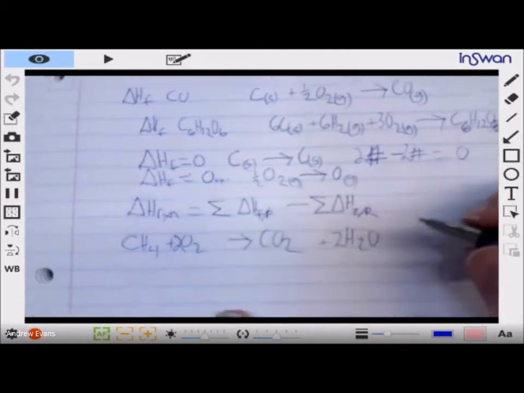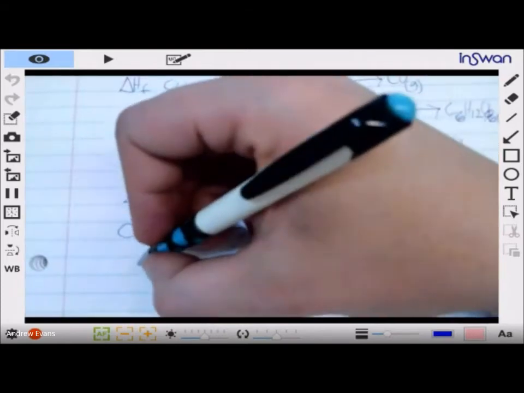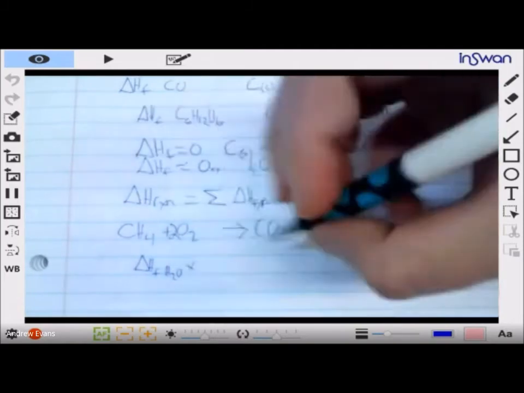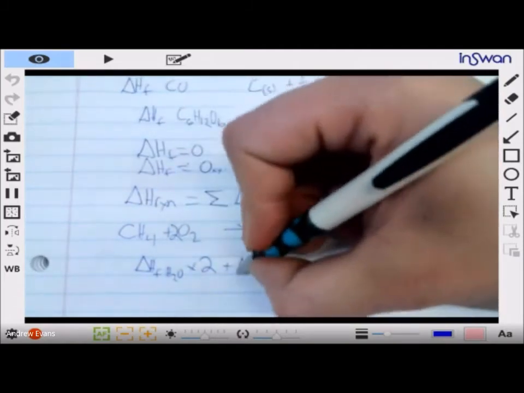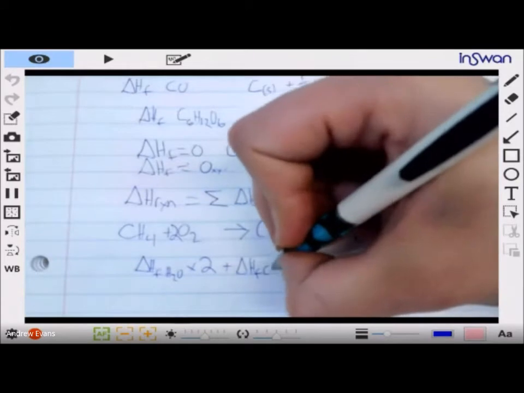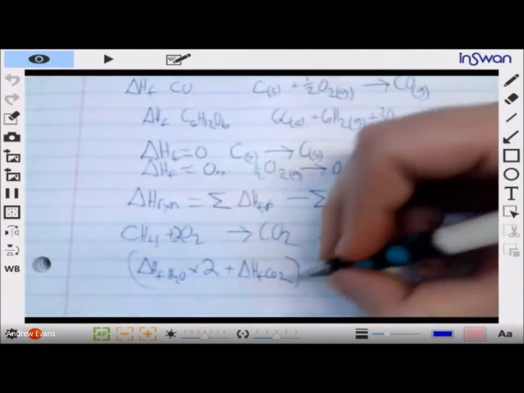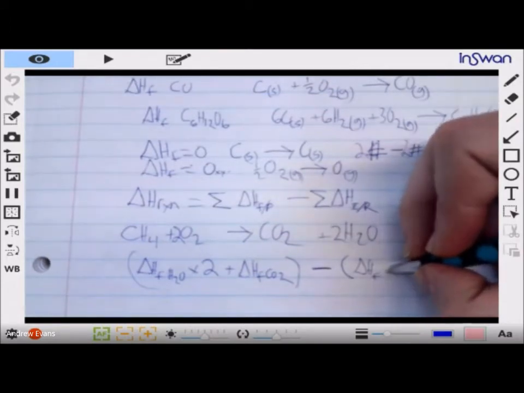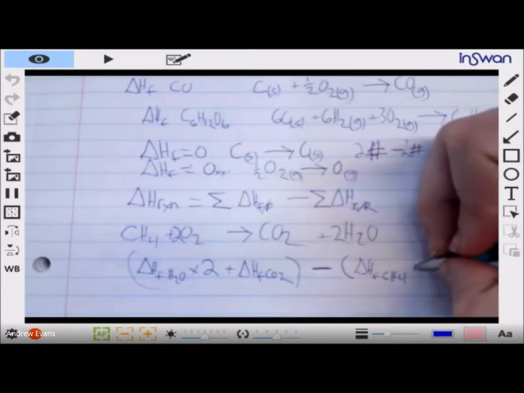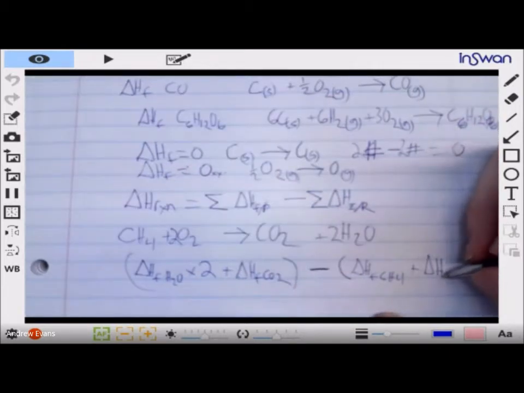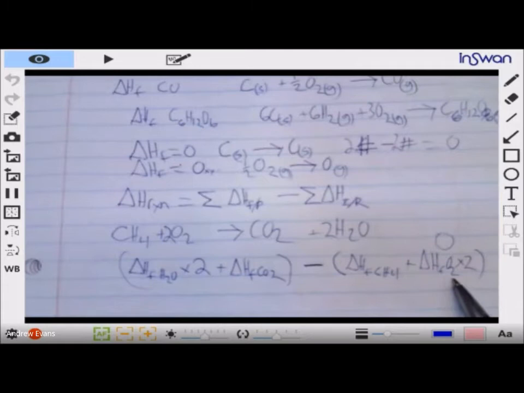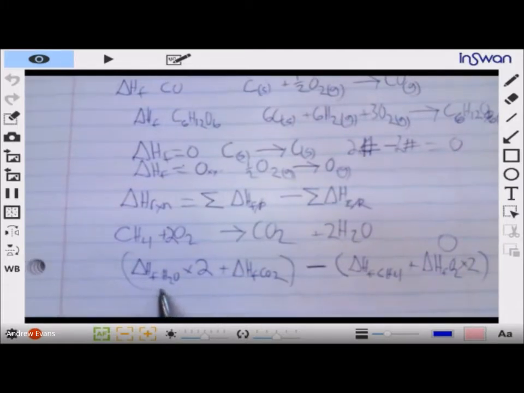I'd have the delta H formation of water times 2 plus the delta H formation of CO2, and I'll take the sum of that. Then I'd subtract the delta H formation of methane and the delta H formation of oxygen times 2. However, we already know that one is a big whopping 0 because oxygen is a pure element. So I'd look up these values.